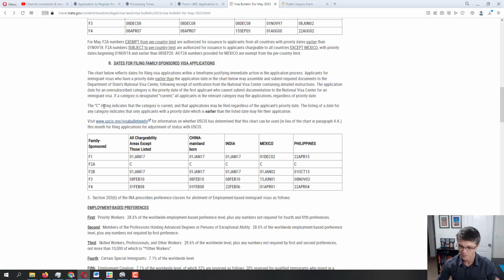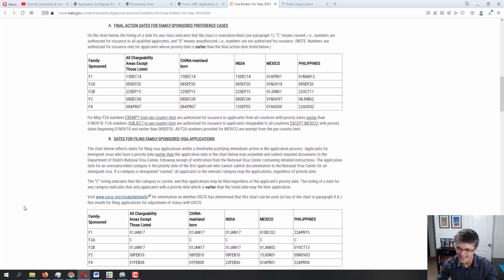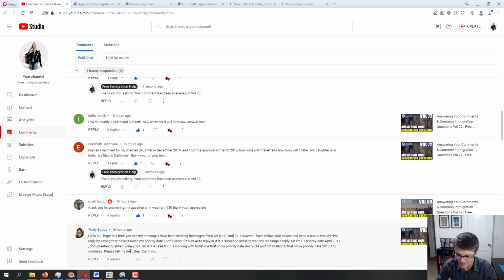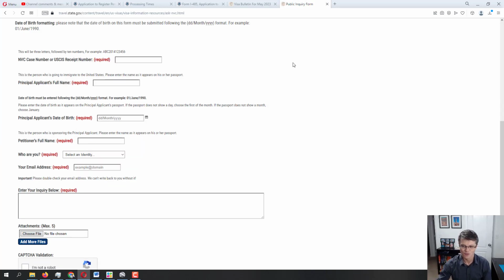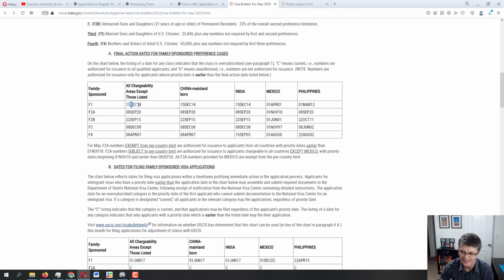But with that being said, because you're already documentarily qualified in June 2021, and because the only clear update that we have is for the category that used to be current, which is F2A, and they're waiting as of right now, being documentarily qualified, waiting for an interview for 2.5 years. From that, we can do some rough estimating still, but much better estimates compared to just looking at, for example, the F1 and looking at the December 2014, because that makes no sense.